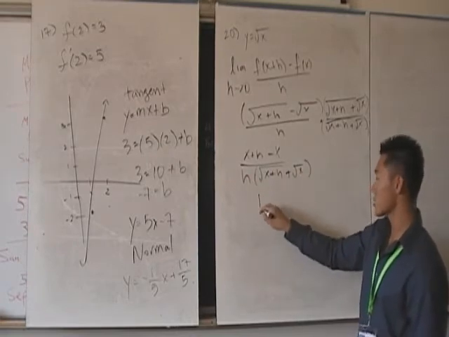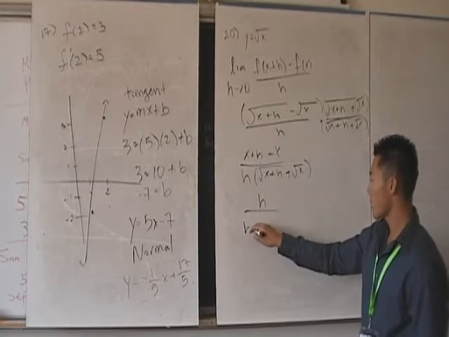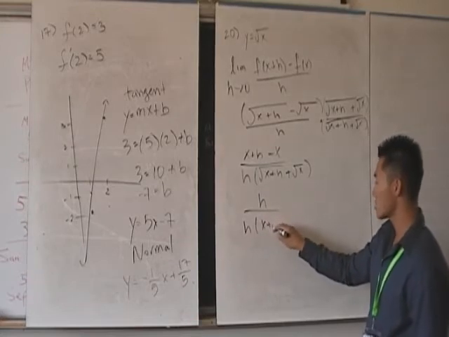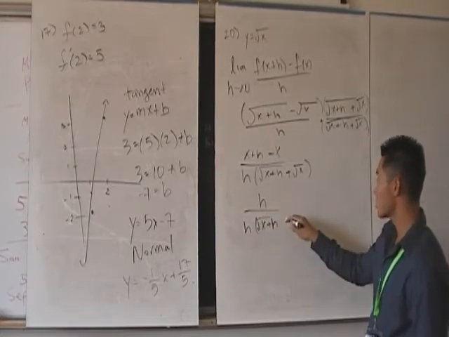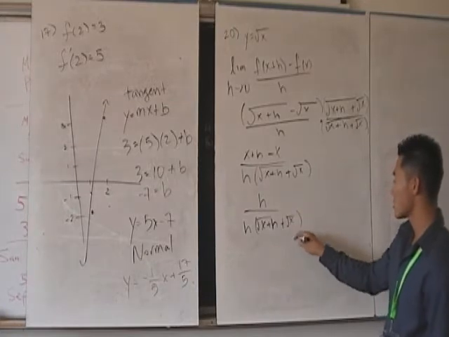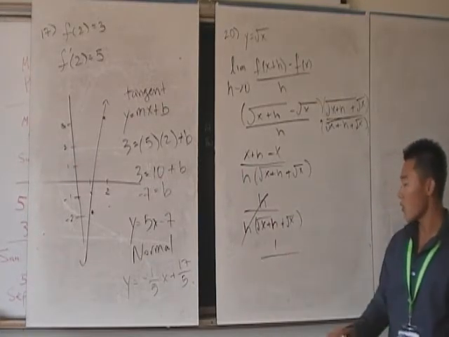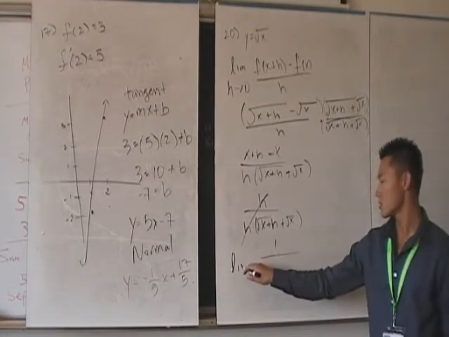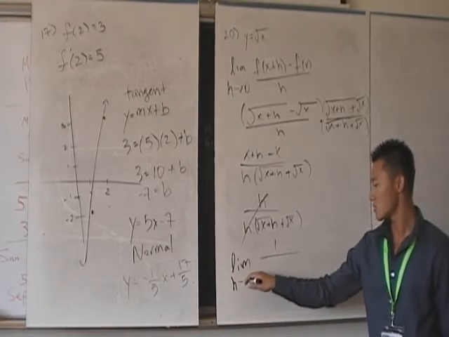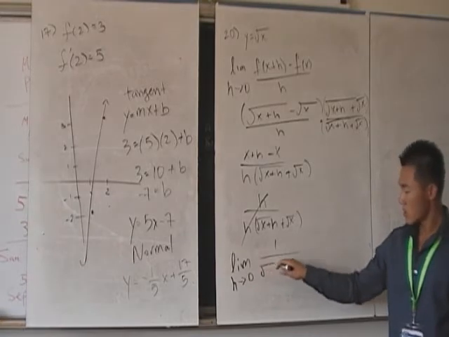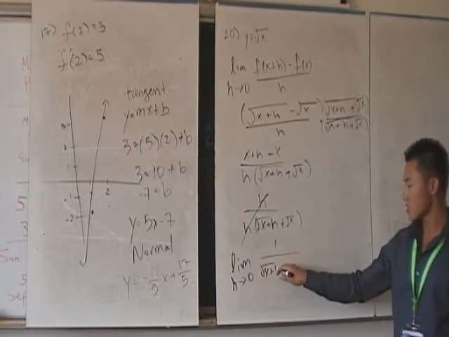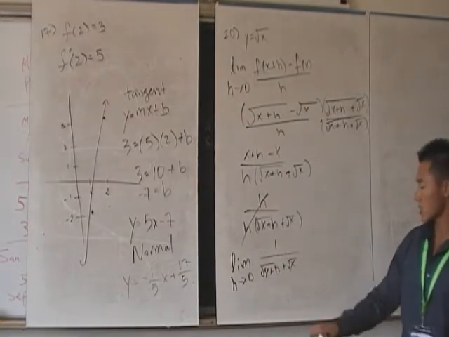X's will cancel out, so we have h over h times x plus h plus square root of x. H's cancel out. So you got 1 over x plus h plus square root of x.